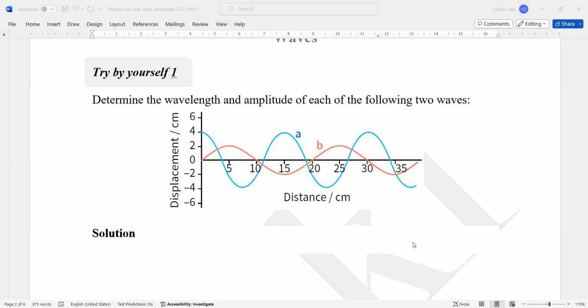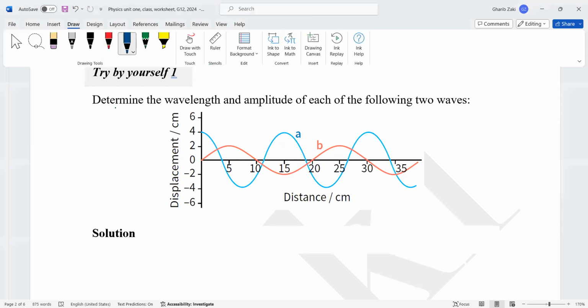I give you a few seconds to solve. You understand the question? Okay, now I solve with you.